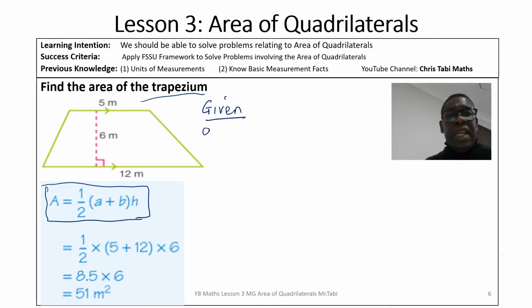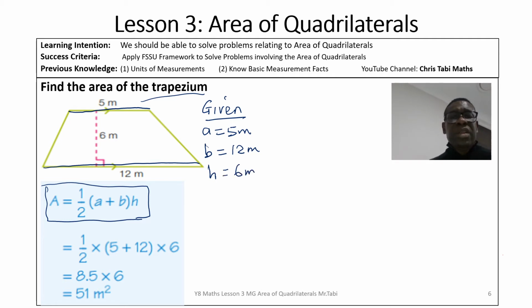We know that A is equal to 5 meters. That is that part here. And we know B equals 12 meters. That's the other parallel line down here. And H is the vertical perpendicular height between the two parallel lines, and H is equal to 6 meters.